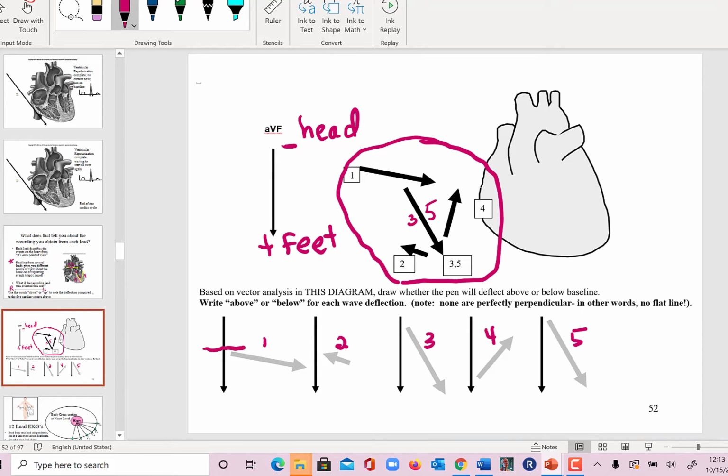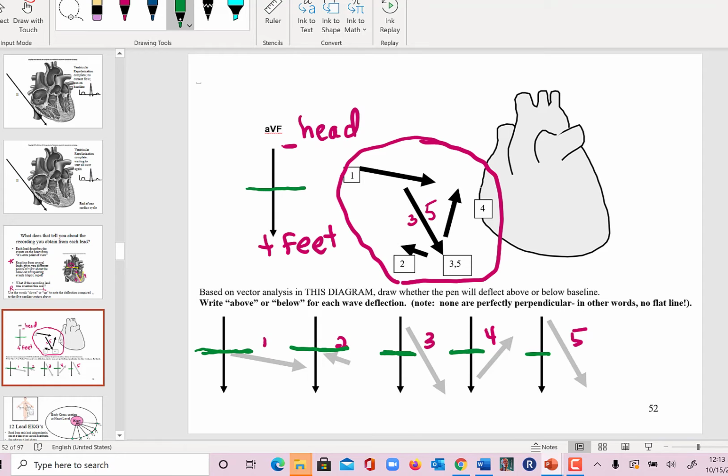Here is how I recommend you do this problem. Draw a perpendicular bisector. When you draw a perpendicular bisector, like I've shown you here with lead AVF, it separates that lead into 4 quadrants.